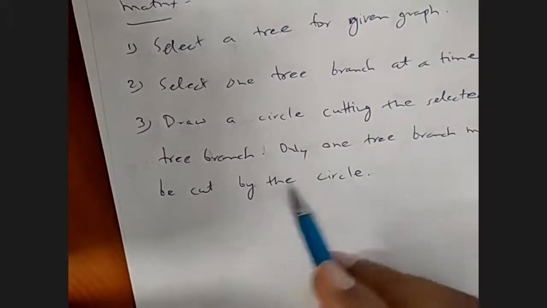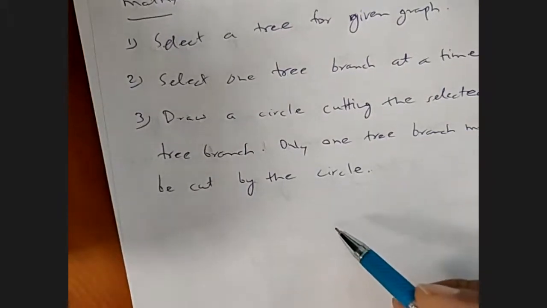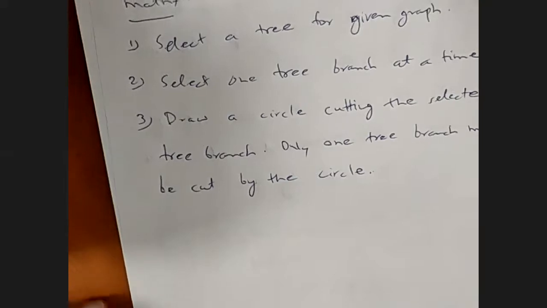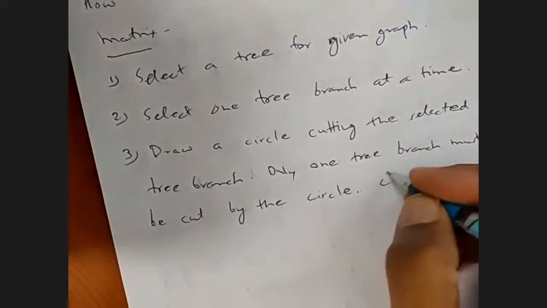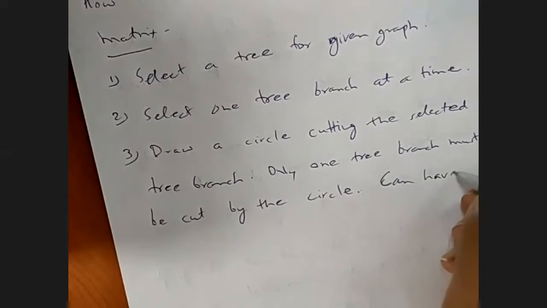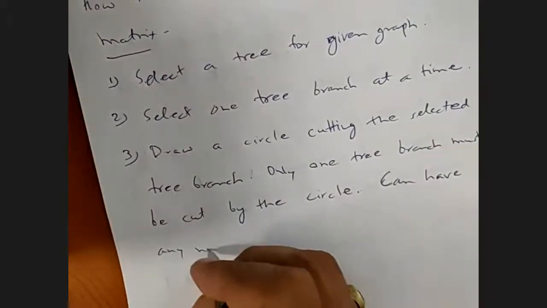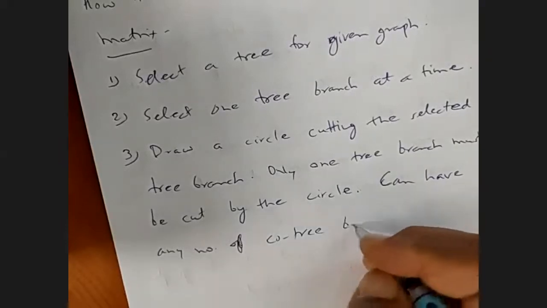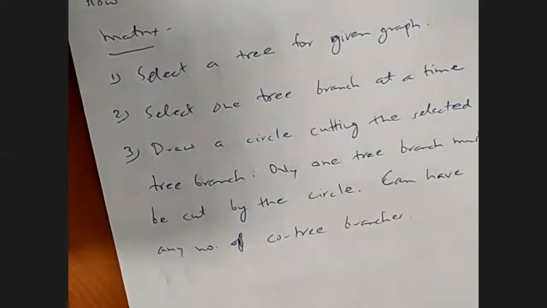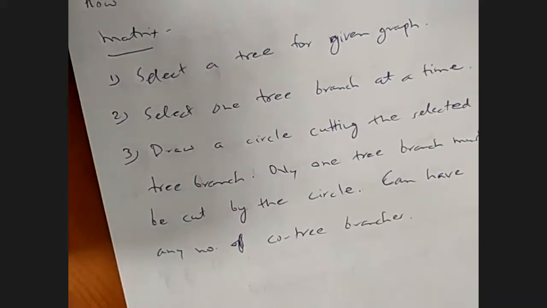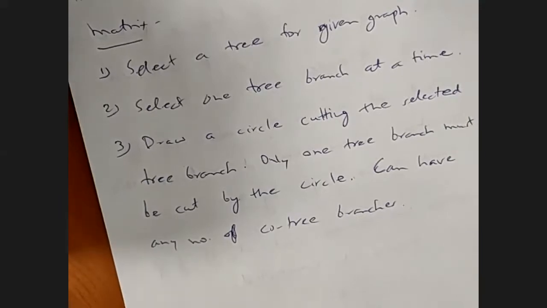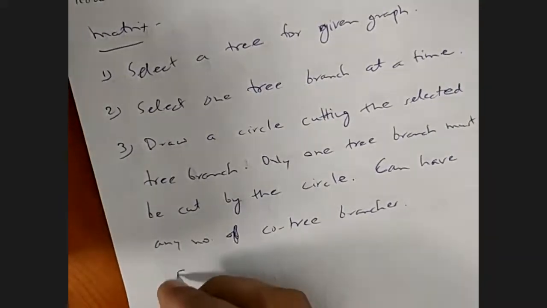So when you draw a circle, as discussed previously in the last class, we have to draw a circle which will be having only one tree branch, that is a twig, and can have any number of co-tree branches. ट्री की कितनी भी ब्रांचेस उस टाइम हम कंसीडर कर सकते हैं, उससे कोई लिमिटेशन नहीं है, and that will be known as the F cut set.